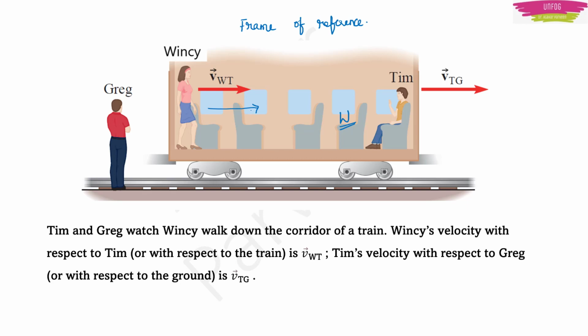If Tim and Greg are watching Vincy walking down this corridor of the train, then what will be Vincy's velocity with respect to Tim? Vincy's velocity with respect to Tim is nothing but Vincy's velocity with respect to the train. This is a moving train. I should have told it, right? So the train is moving.